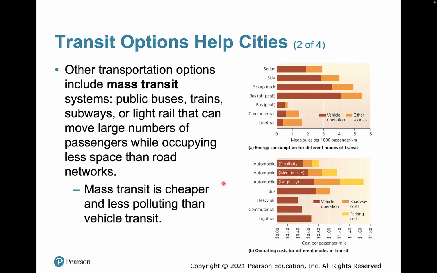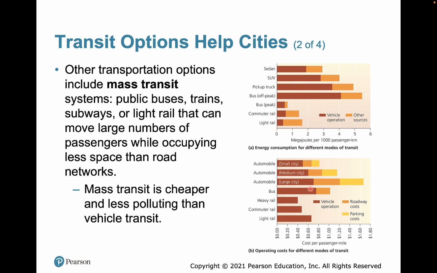The link is our mass transit out here, but it doesn't really make a whole lot of sense because the routes are not convenient. So buses, trains, subways, light rail. It reduces a lot of energy consumption. Okay, you can see the off-peak and regular passenger vehicles, how much energy it consumes versus those.